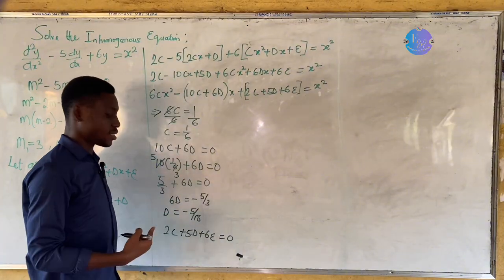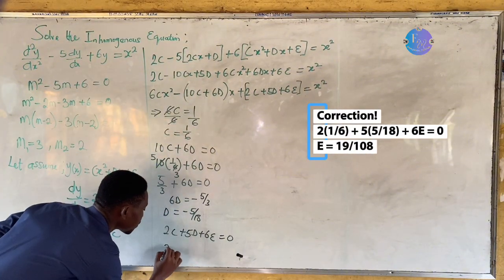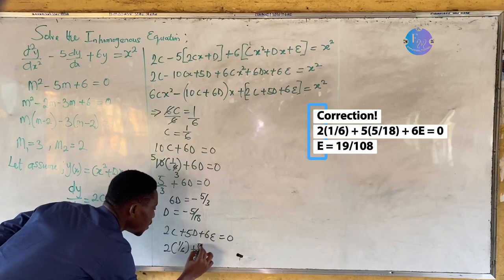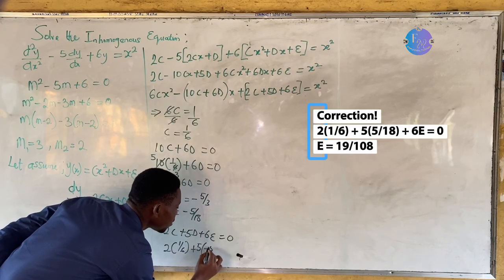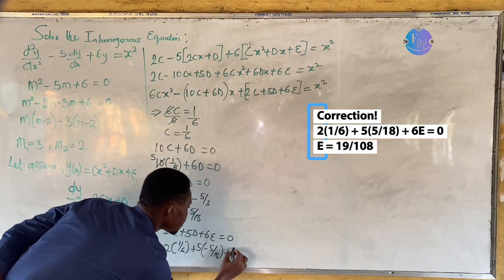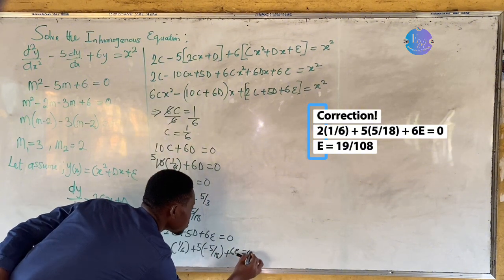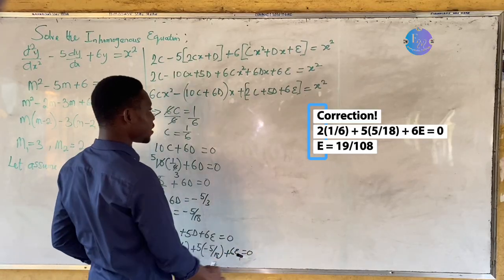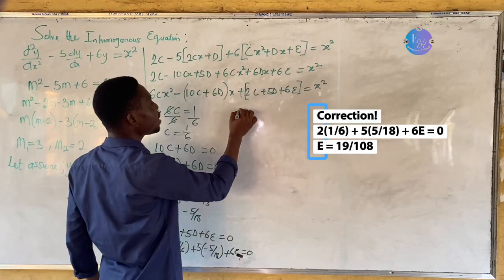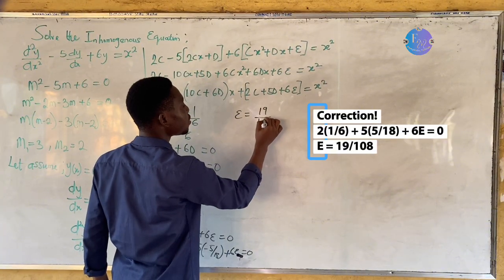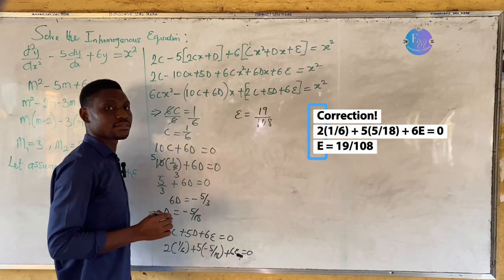We'll just input them. So it becomes 2 into 1 over 6 plus 5 into minus 5 over 18 plus 6e equal to 0. Now if you evaluate everything here, you will have e equal to 19 over 108.